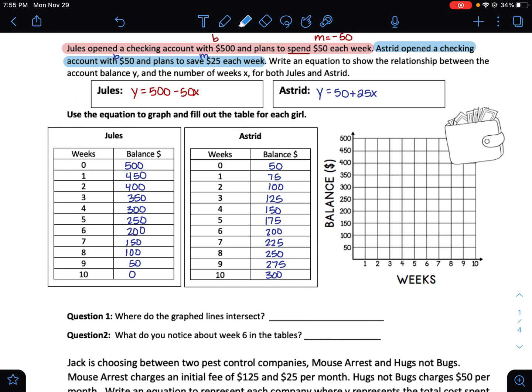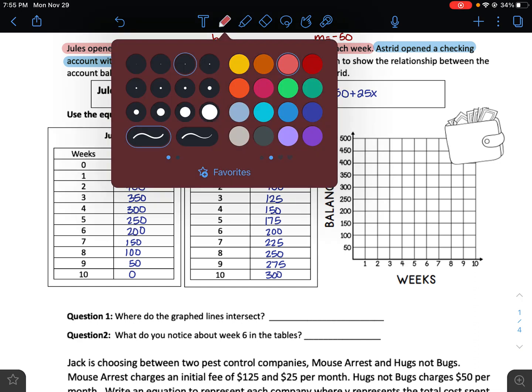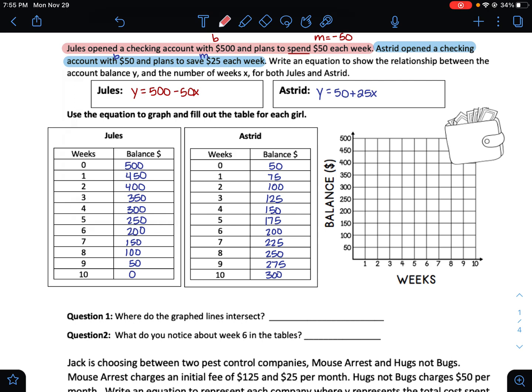Now I'm going to graph each girl's table. So I start with 0, 500. And then it's 1, 450. 2, 400.